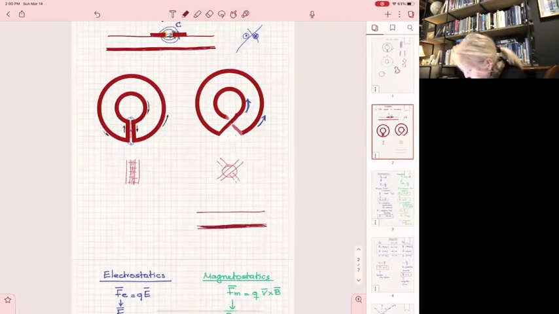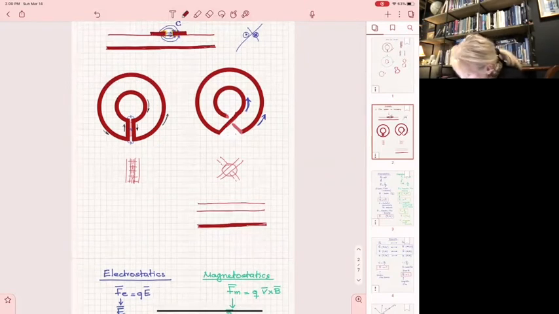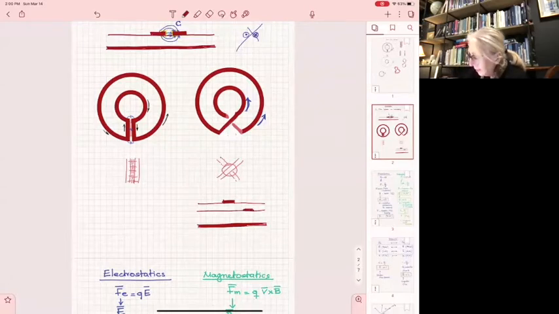In microelectronics, there is always a metal. And then right at the intersection of the two lines, I have two dielectrics, and one dielectric is here, then the other dielectric is here.